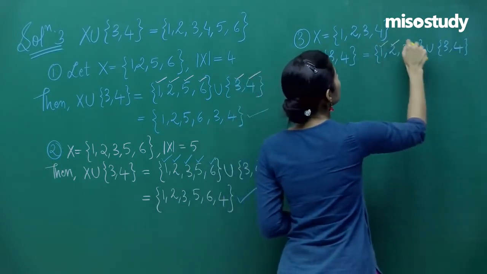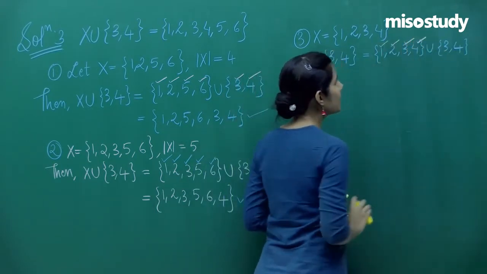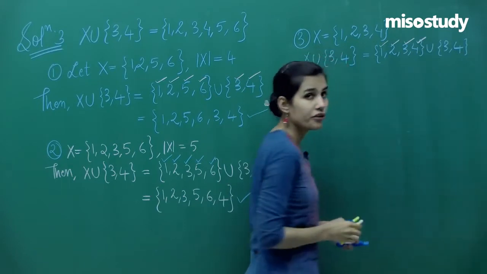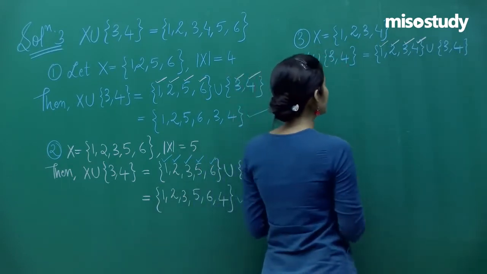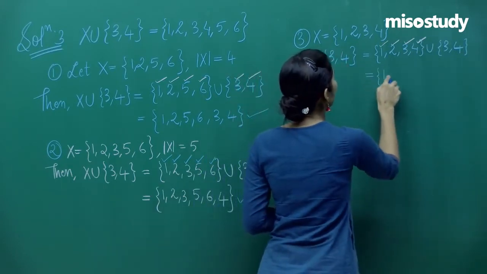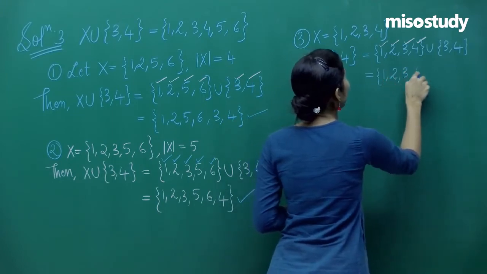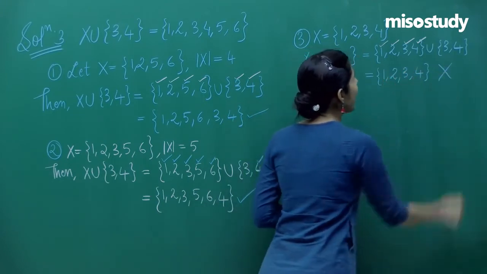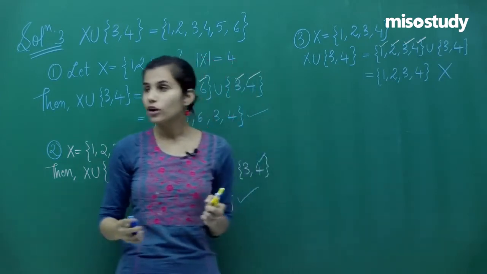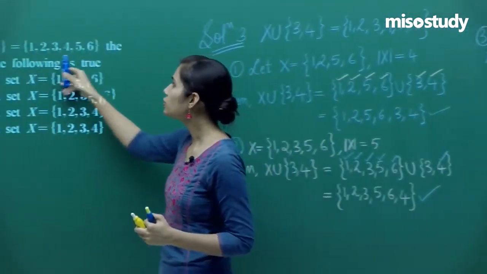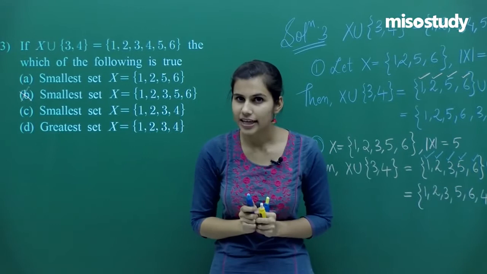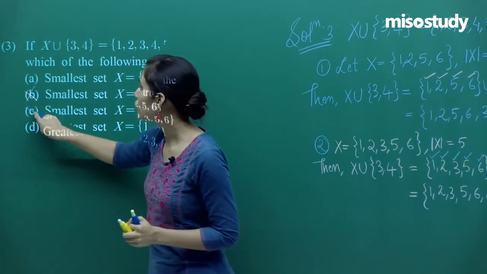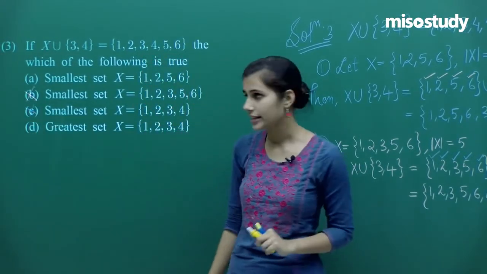So 1, 2, 3, 4, that's it because this 3 and this 4 have already been taken. This gives me the set {1, 2, 3, 4} which is absolutely wrong because I want {1, 2, 3, 4, 5, 6}, which is not the case. Therefore, the third option is also definitely not correct.